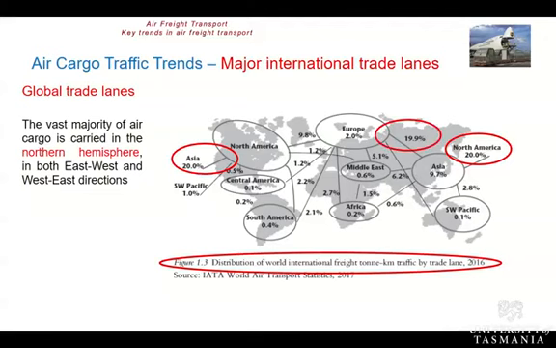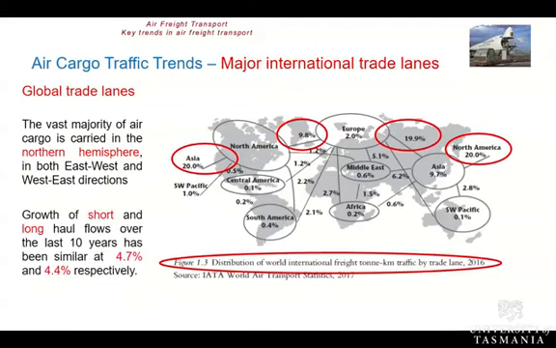Between Asia and Europe, almost 20% of all cargo globally is carried on that trade lane. And the third one that stands out is North America to Europe, Europe to North America, around about 10%. So you can see that the Northern Hemisphere controls a lot of the movement of air cargo.